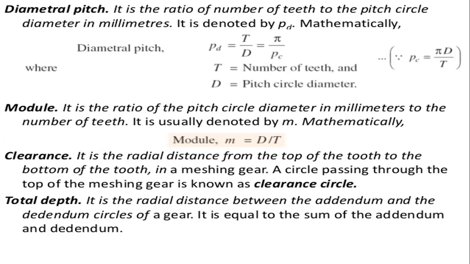So next one is the module. So it is the ratio of the pitch circle diameter in millimeters to the number of teeth, and it is usually denoted by small m.